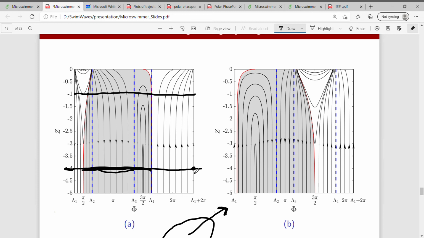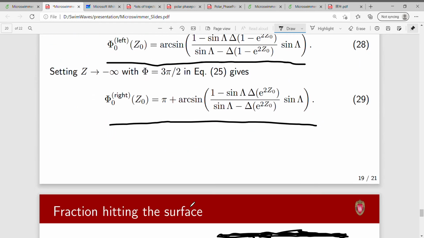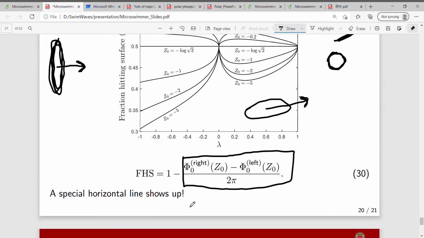It's basically just the fraction hitting the surface, which is this white part divided by this range, which is 2 pi. We calculate the fraction hitting the surface with this formula: 1 minus the right hand side curve minus the left hand side curve, divided by 2 pi, because this part is actually the fraction hitting the bottom.